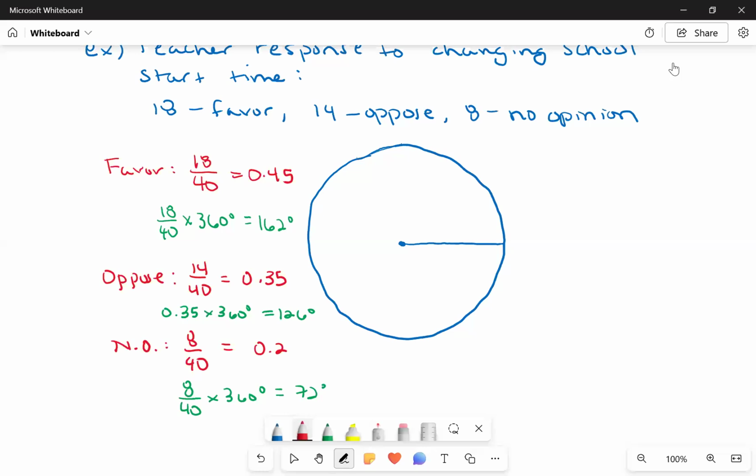Okay, so let's see, 162. I said it's going to be a little bit less than 180. So here, I'll approximate it right about there. And here, I'll put it in green. So this is 162.